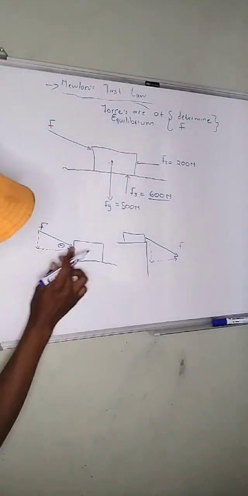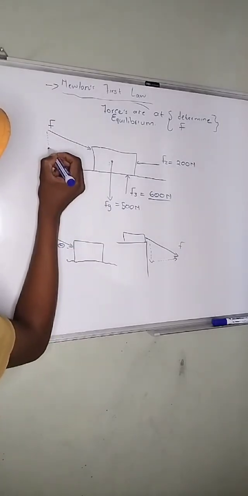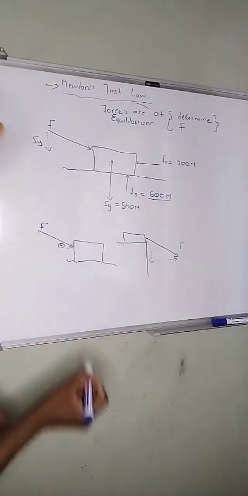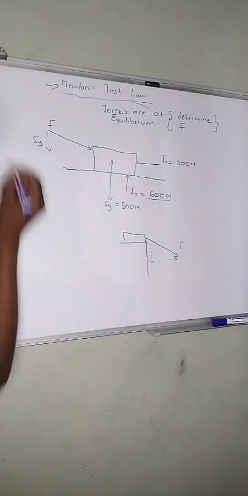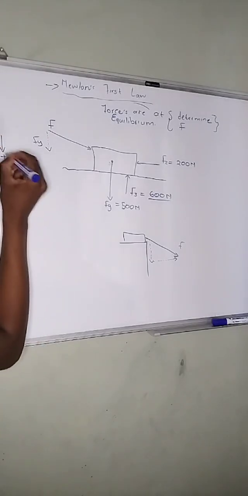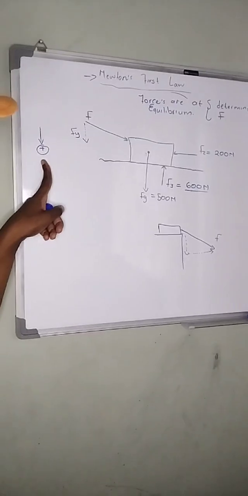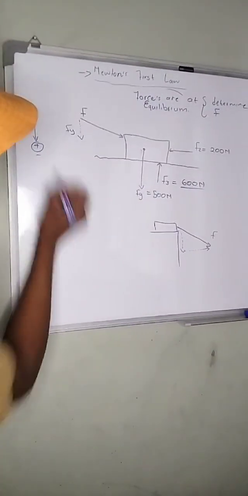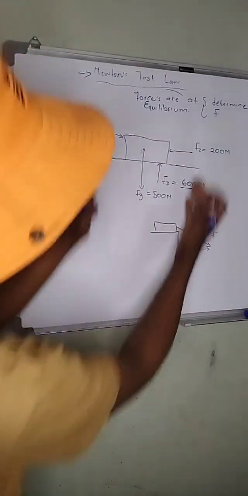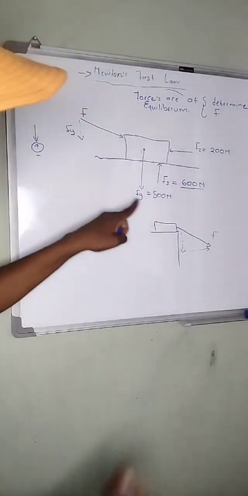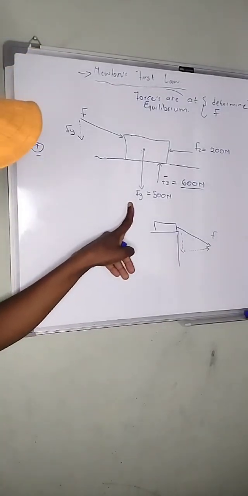So check something. I'm going to have my Fy pointing downwards, so let me choose downwards as positive. Let's determine the resultant along the y-axis. Since I chose downwards as positive, is Fg going to be negative or positive?